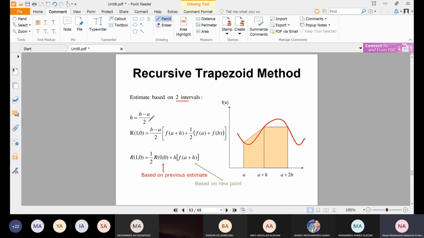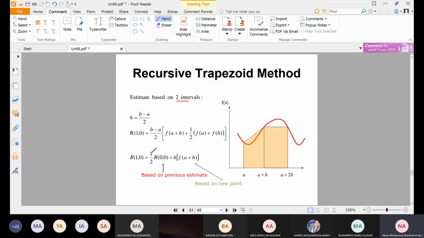By substituting the value of H in the recursive version, with B minus A, f at B plus f at A, multiplied by half, we finalize with this form.